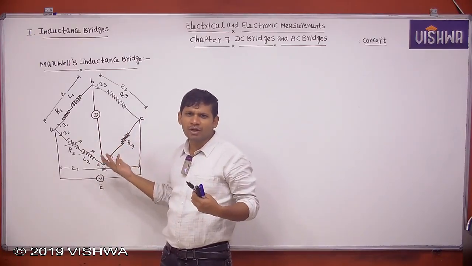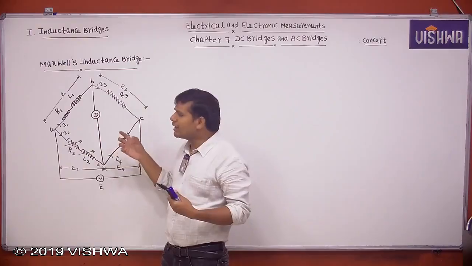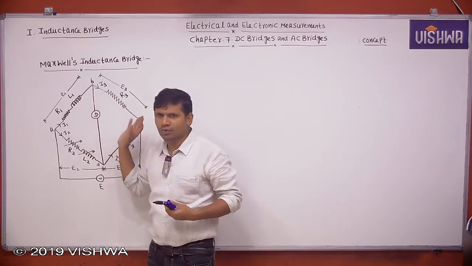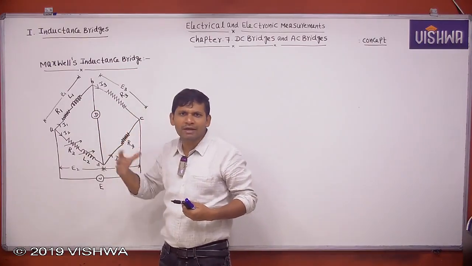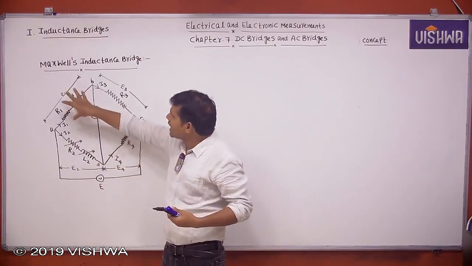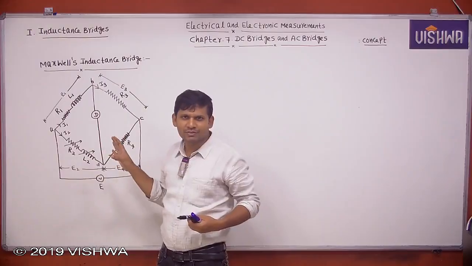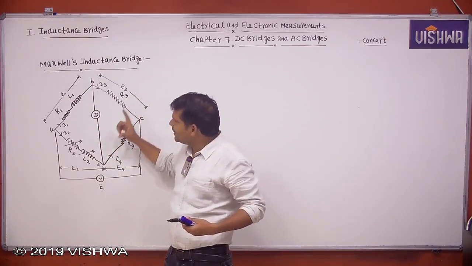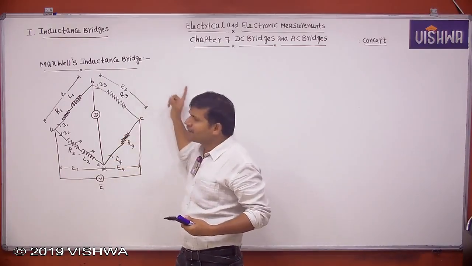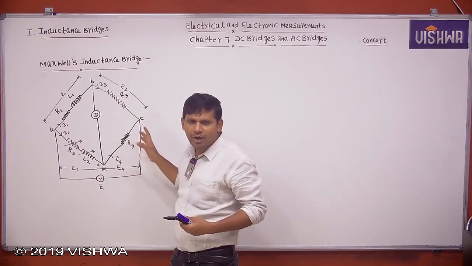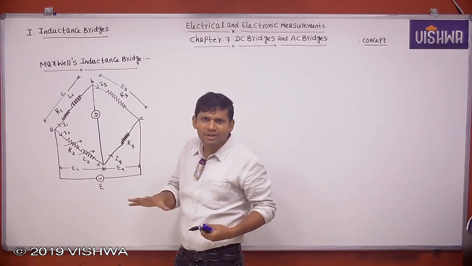According to that we can form the bridge. But throughout this analysis I am assuming that arm 1 is unknown. In arm 1 I am connecting the unknown values. Now I want to calculate these unknown values in terms of these known values by applying the balance condition. I will represent the bridge, then I will apply the balance. Balance means product of opposite arms. Then I will derive the balance equations.